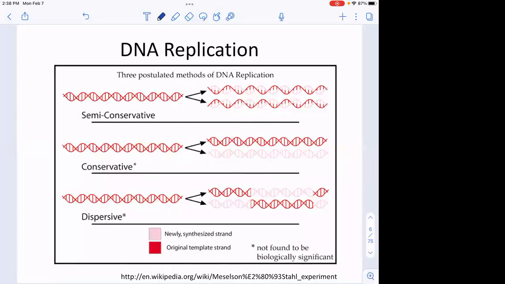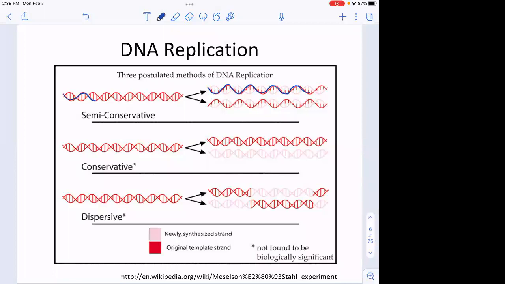They said it could happen semi-conservatively. That means one of the strands of this original strand was conserved in each strand that was copied. Okay, we call that semi-conservative.